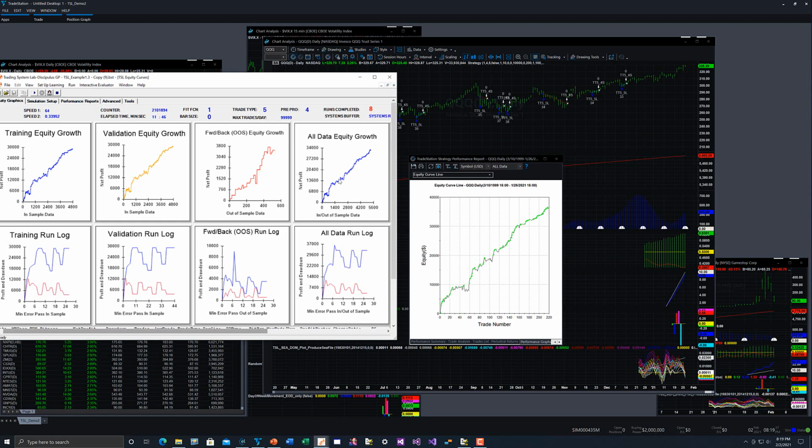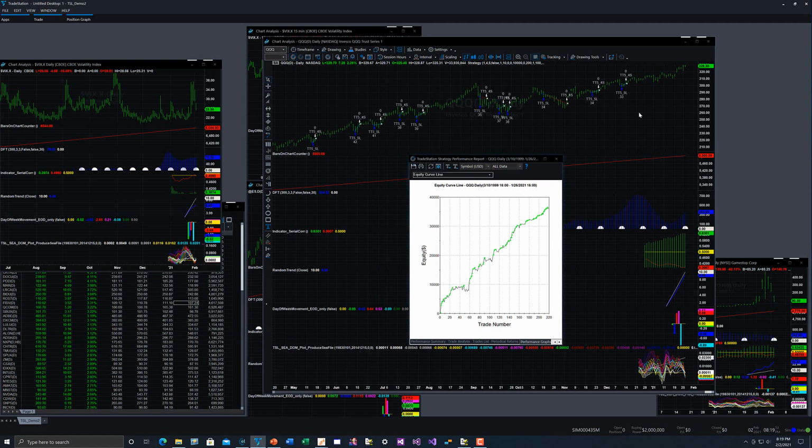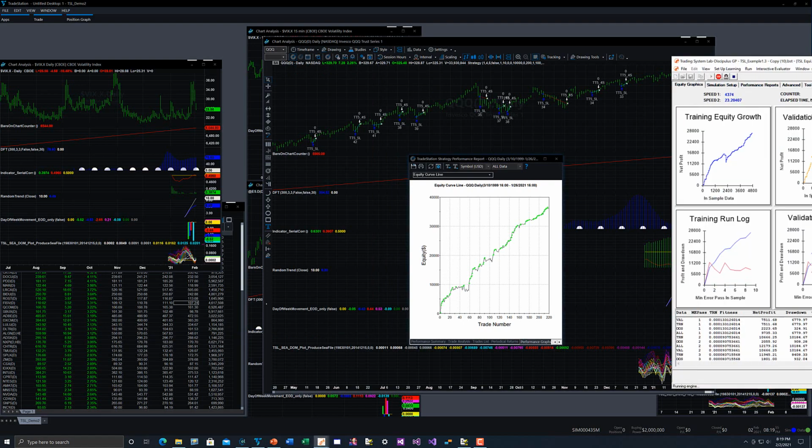So here's Trading System Lab. Here's the TradeStation equity curve, and we can go in and actually look at individual trades to confirm that the translation process was complete. So this trading strategy is ready to trade. Those are the 3 steps involved in creating a trading system in Trading System Lab.